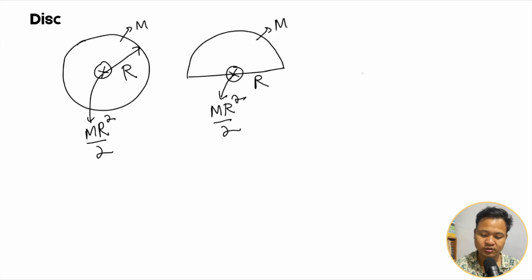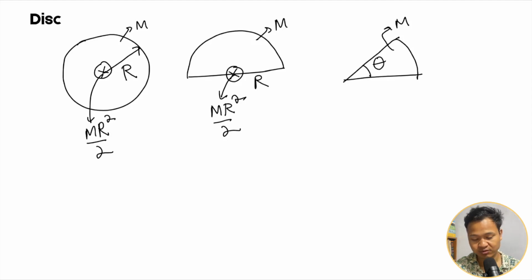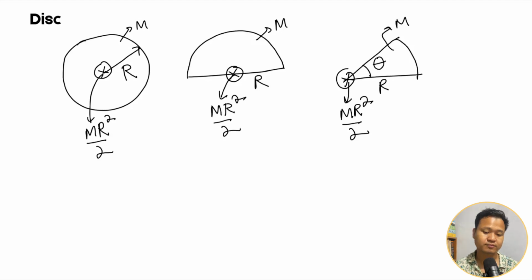Similarly, if you have a semicircular disk about this axis, mass m and radius r, again the moment of inertia is mr square divided by 2. Any section you have, depending on theta, any angle you take, with mass m and radius r, about this axis the moment of inertia is mr square divided by 2.